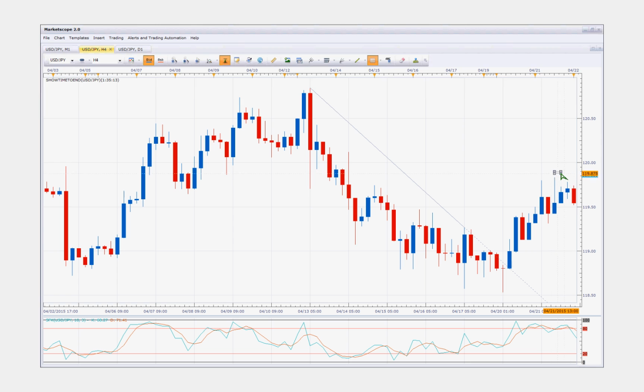So we're looking at this. So you have a setup to go short. Then how can you define your target points using your fib levels?